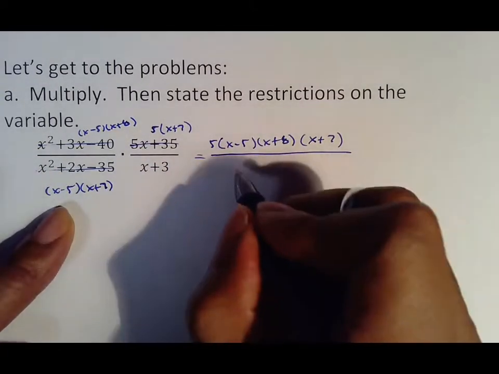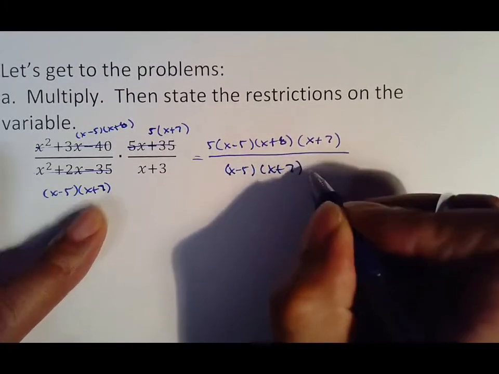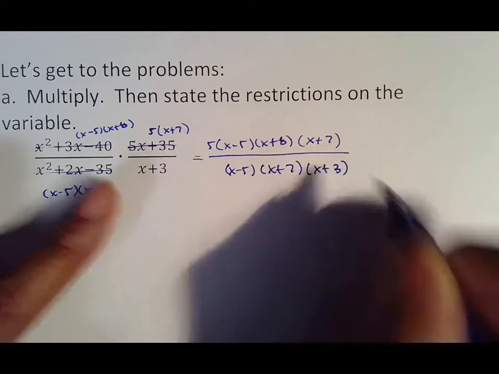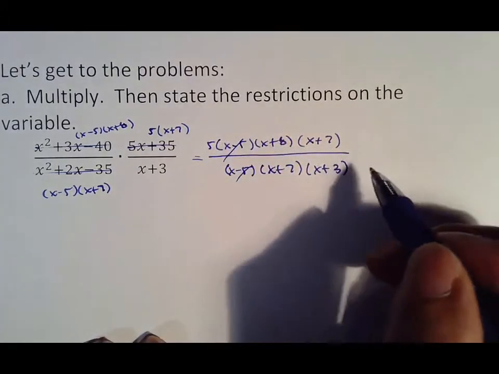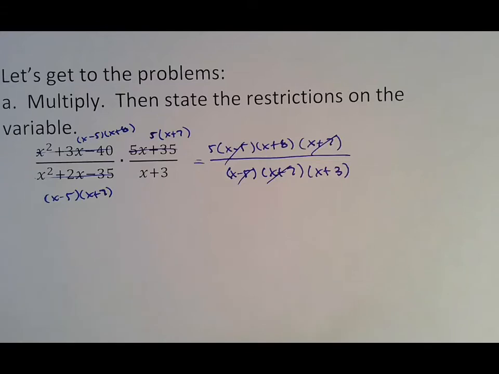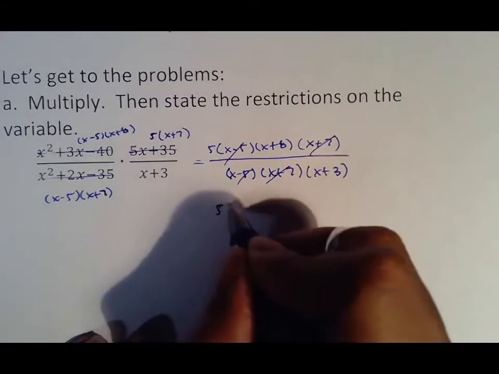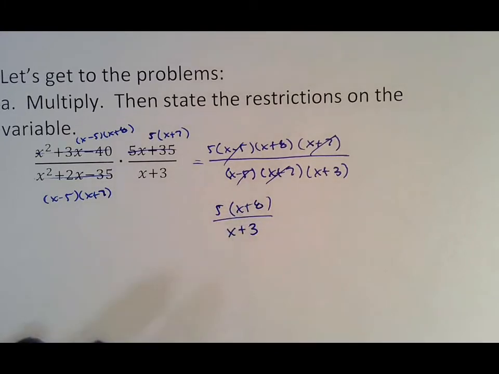And on the bottom we have x minus 5, x plus 7, and x plus 3. And so what you're looking to do in terms of the general idea is cancel anything that is the same, and x plus 7s go away and x minus 5s go away, which means you end up with 5 times x plus 8 all over x plus 3. Now, I'm not sure how the computer wants you to write that out.